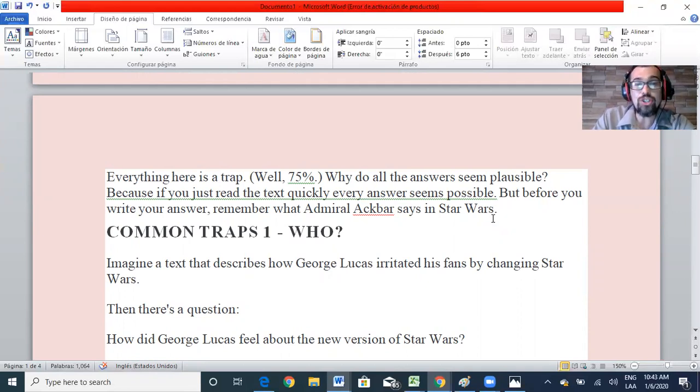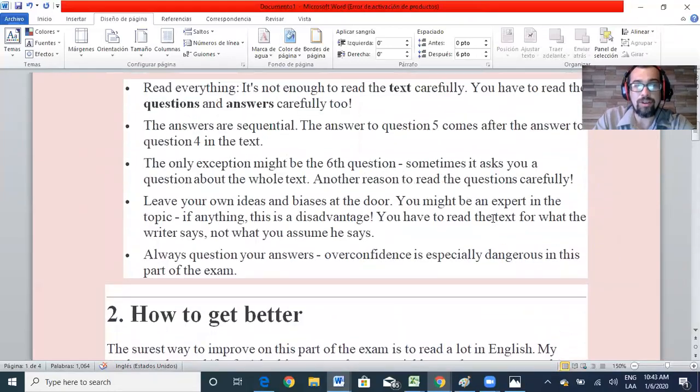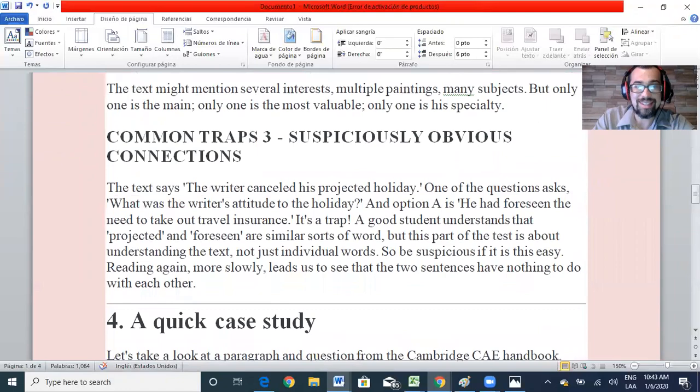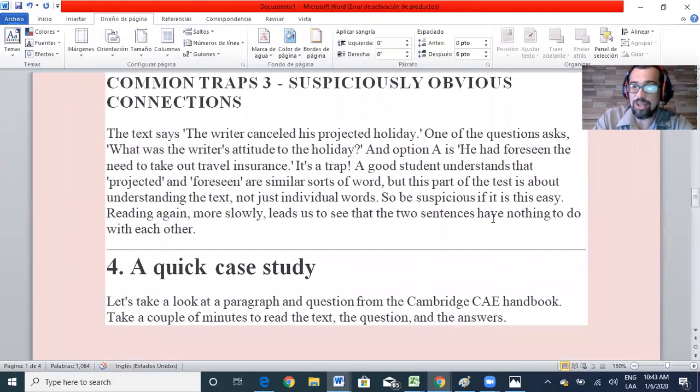Well, because if you just read the text quickly, every answer seems possible. But before you write your answer, remember what Admiral Akbar says in Star Wars. Okay, so this is just an example of Star Wars that you're going to be able to see here in this text that I put here for you.